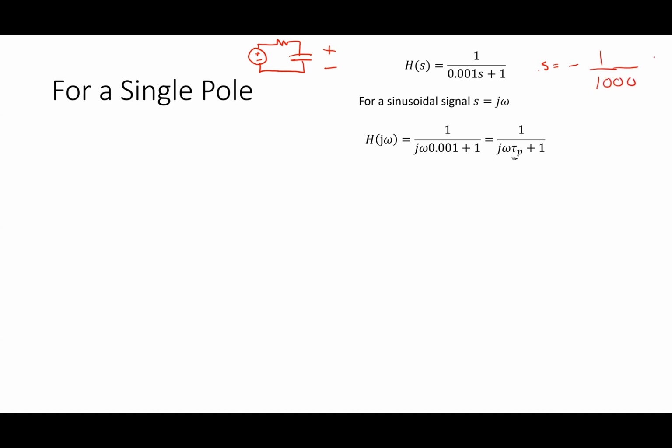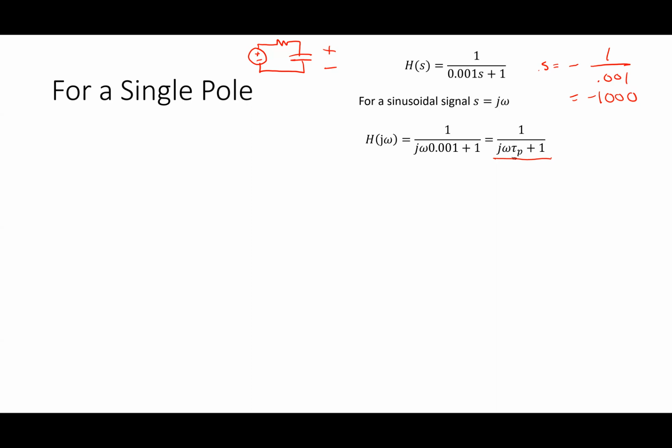So he's got a pole at s equals negative 1,000. That value of s makes the denominator 0, makes the whole thing infinite. All right. This guy has a single pole. In general, I write this guy like this. I'm going to forget that I have a number here, 0.001, and it's 1 over j omega times 0.001.